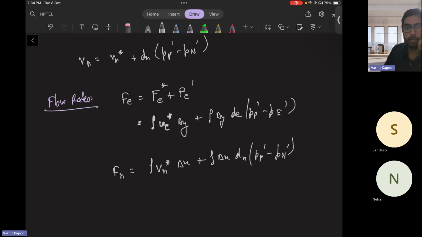Now, this is your basically UE dash, and this is your VN dash. These are your values rho into V. So we know that UE star and VN star do not satisfy the continuity equation. Similarly, the flow rates will also not.